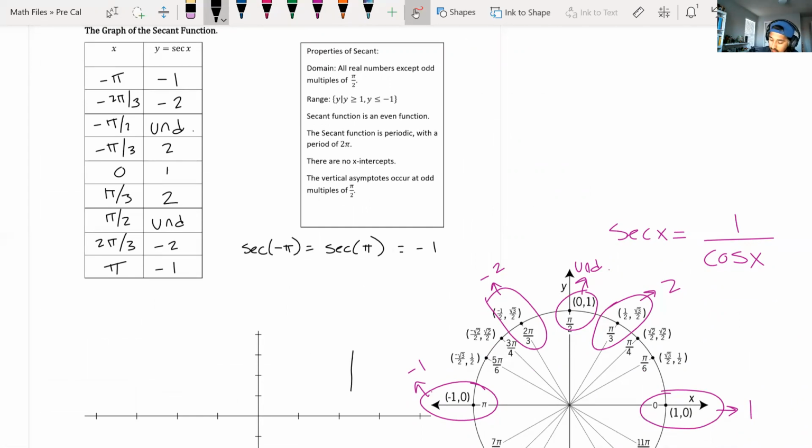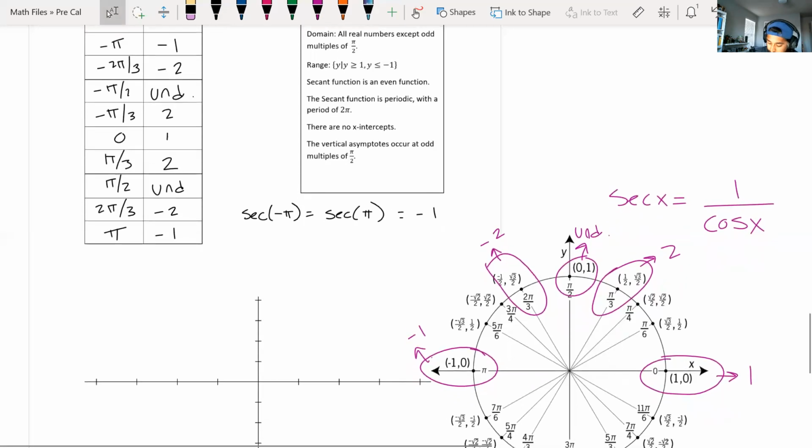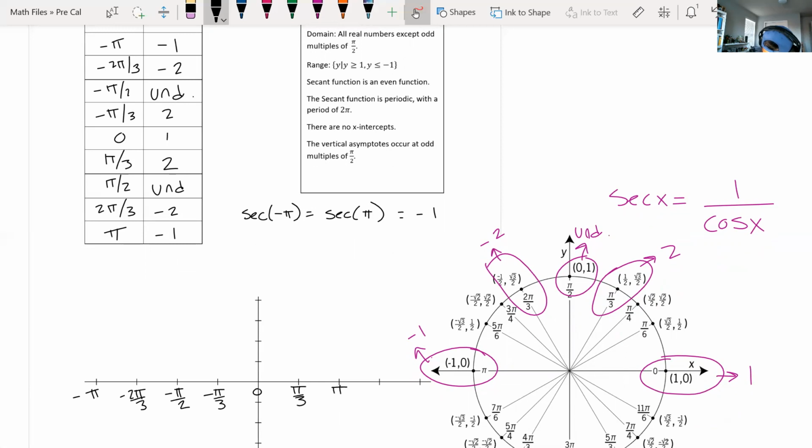So let's go ahead and plot them. -pi, -2 pi over 3, -pi over 2, -pi over 3, 2 pi over 3, and pi. Okay, so we have our vertical asymptotes at pi over 2 and -pi over 2.